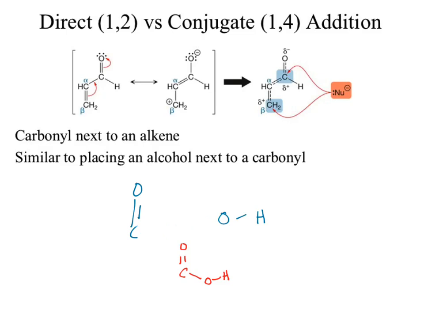Okay? A carbonyl in and of itself is relatively electrophilic at that carbon. Okay? The alcohol, okay, mildly acidic. When I make a carboxylic acid, what happens? That becomes really acidic.